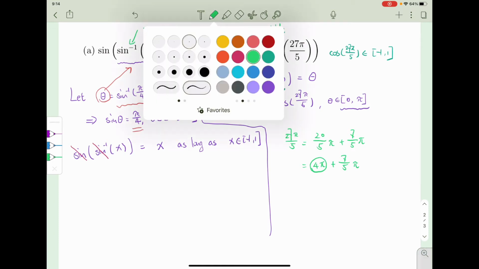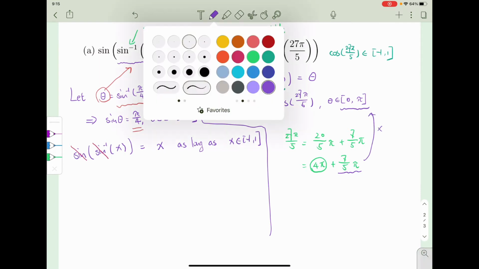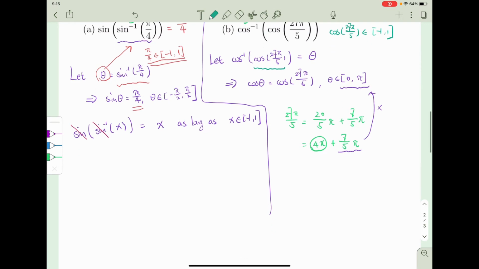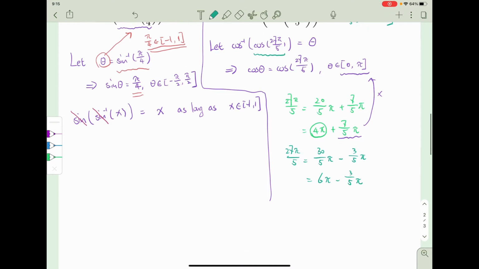But notice that if we decompose it this way, this angle is still way too large for us. It's not inside this interval, right? So you may want to try another way to reduce it. For example, I can write this 27 pi over 5 as 30 pi over 5 minus 3 over 5 pi, which is 6 pi minus 3 over 5 pi.